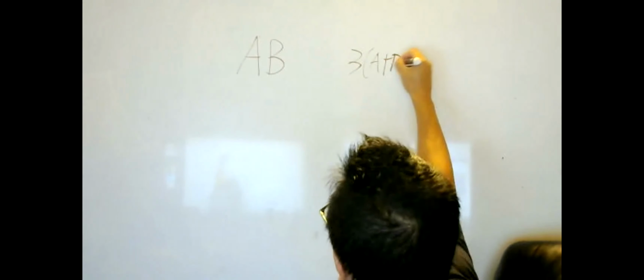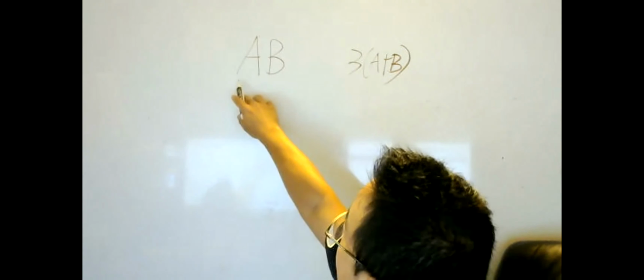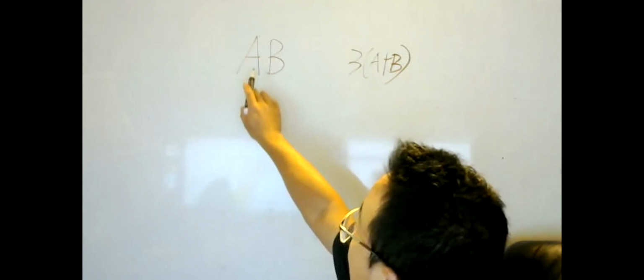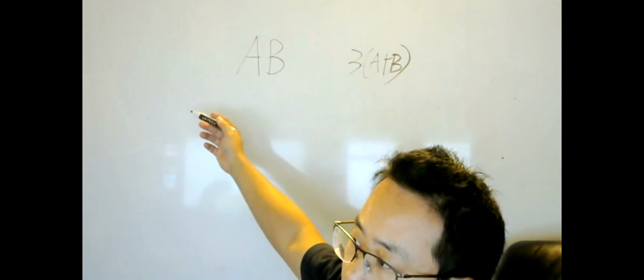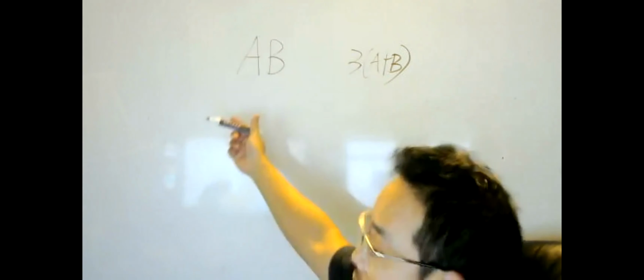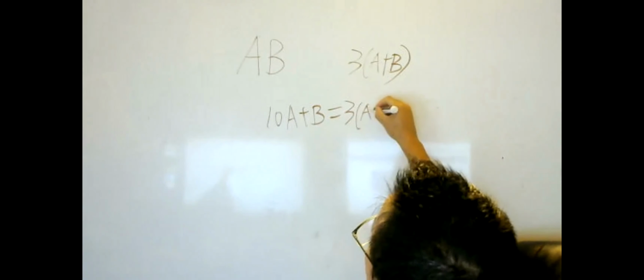So we know the sum of digits would be a plus b, right? But how do we express the number itself so that we can make an equation? 10a plus b. 10a plus b, thank you. So 10a plus b equals 3 times (a plus b).